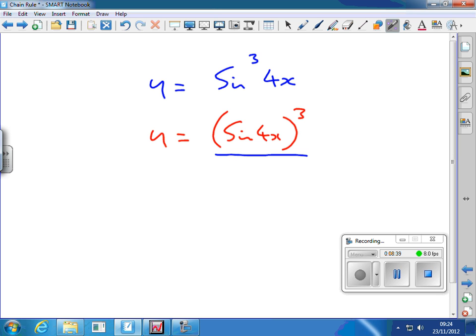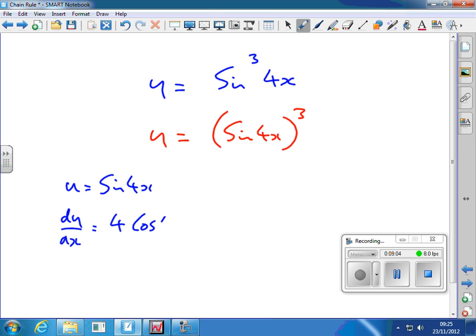It's sine 4x. So my inner function is going to be sine 4x, and then once I've worked that out, I will then cube the answer to get y. So my inner function this time is sine 4x. So to do this one, I would let u equal sine 4x, so therefore the differential is 4 times the cosine of 4x, and I would rewrite the function as y equals u cubed.